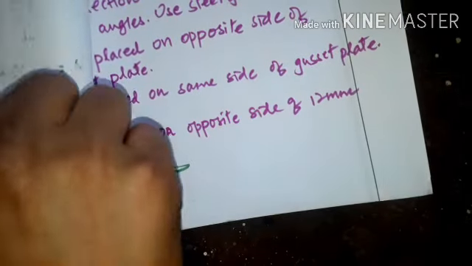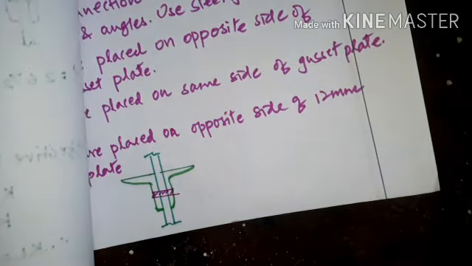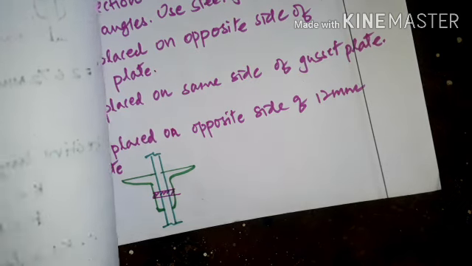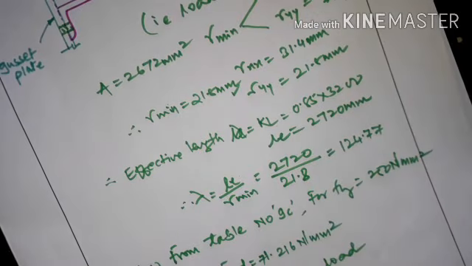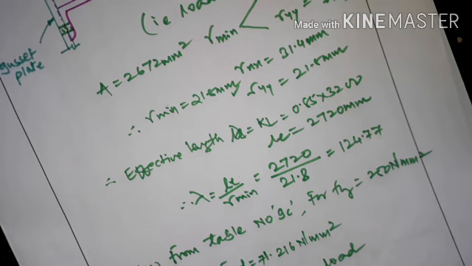On the opposite side we got 336, meaning there is an increase in force of 100 kilonewton. So it is better to provide two angles back to back on opposite sides of the gusset plate to improve the design compressive load and the performance of the member or the connection.